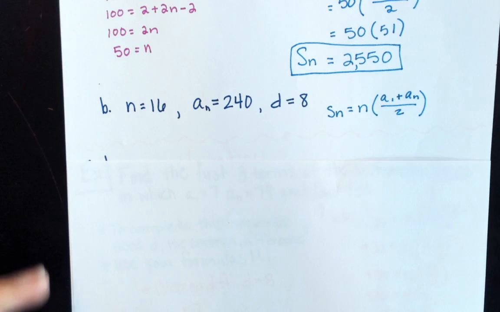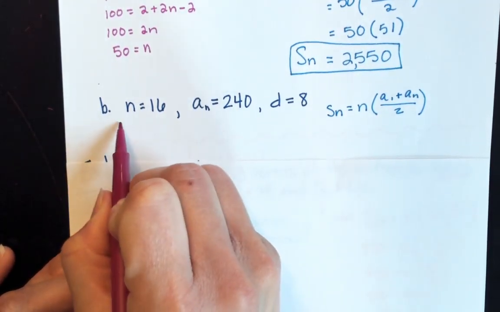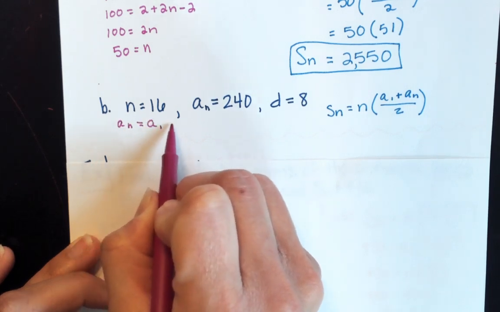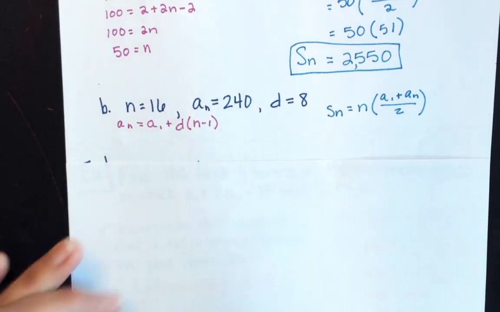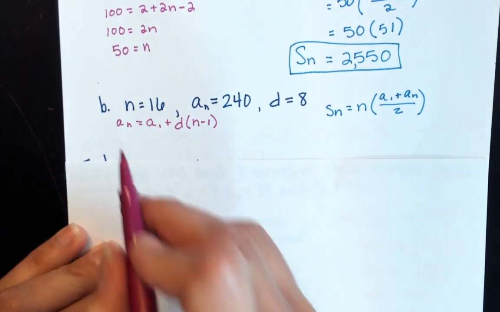So, of course, I wrote this way too close to the next example. I'm going to plug it into my formula. A sub n equals a sub 1 plus d times n minus 1. And again, I'm using that formula because it's arithmetic to solve for the missing piece, which is a sub 1.